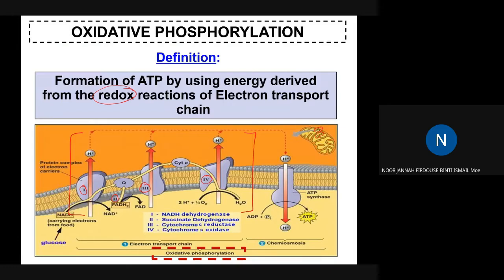Number one is NADH dehydrogenase, while number two is succinate dehydrogenase. Complex number three is cytochrome C reductase, and complex number four is cytochrome C oxidase.